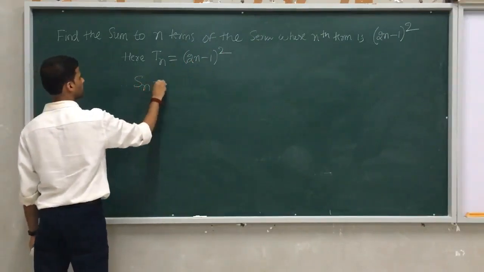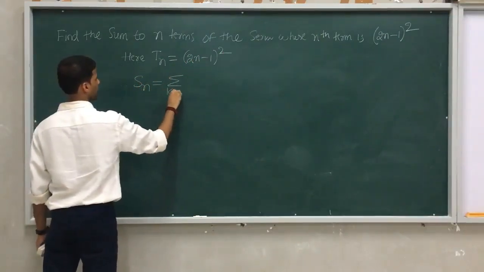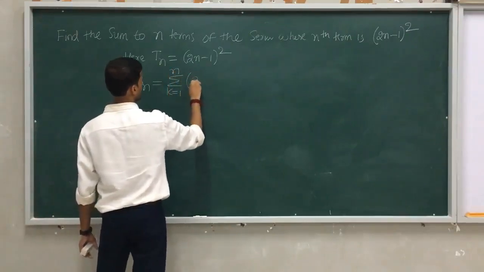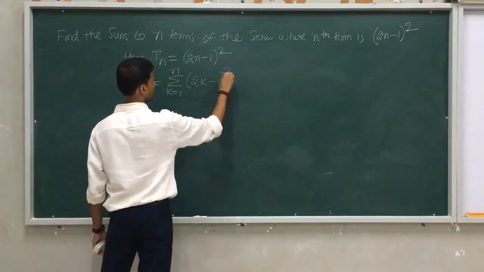Therefore, Sn is equal to summation of k from 1 to n of (2k minus 1) whole square.